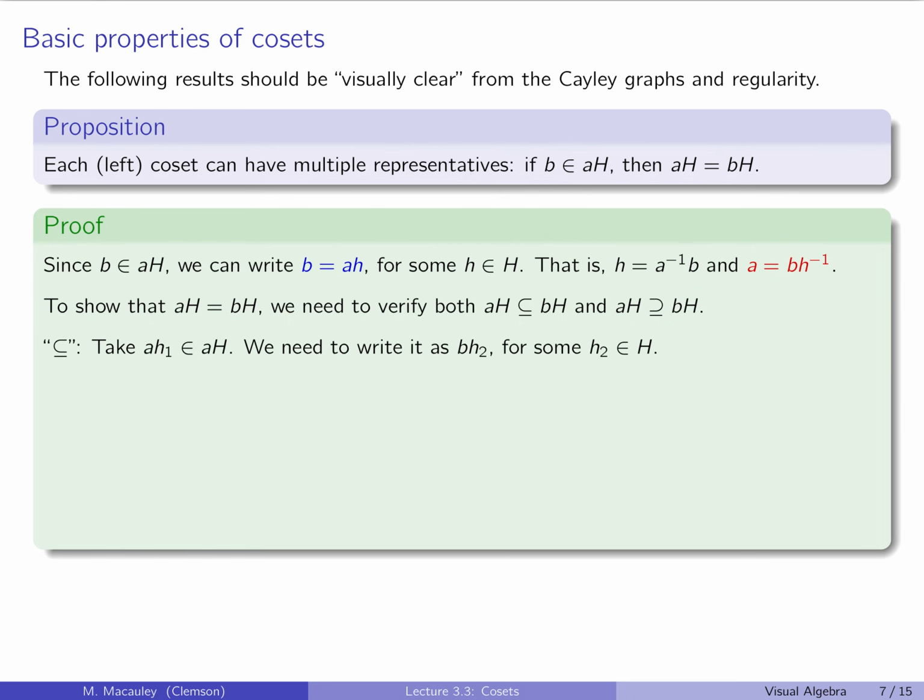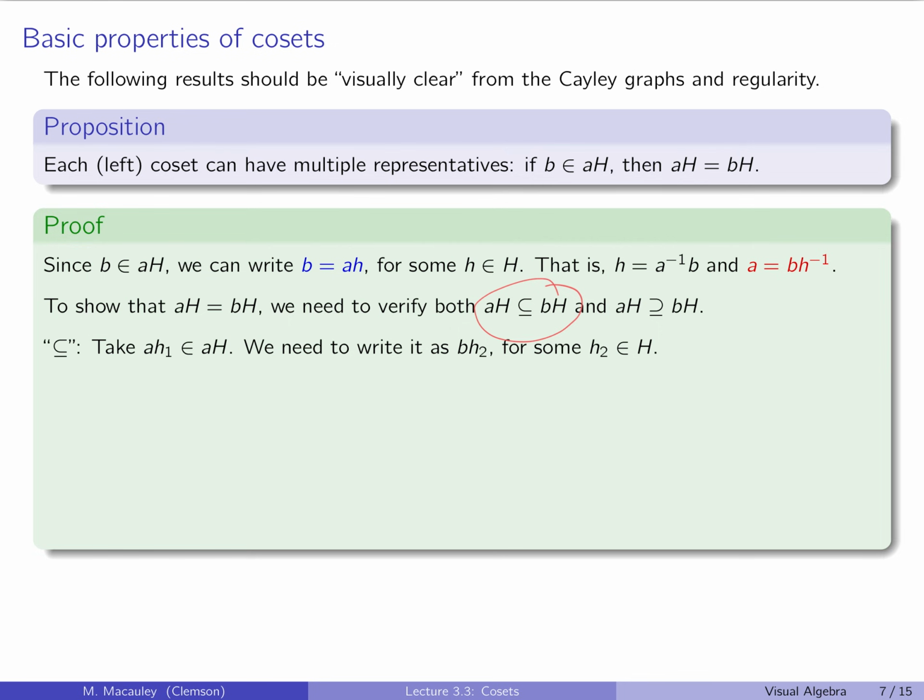For the first, let's take an arbitrary element in aH. Let's call it a h1, where h1 is some unknown element in H. To verify this, we need to somehow write that as b times something in H, so b h2, say, for some element h2. How are we going to find an h2? Well, there's not much to work with. We really just have these equations involving b, a, and h.